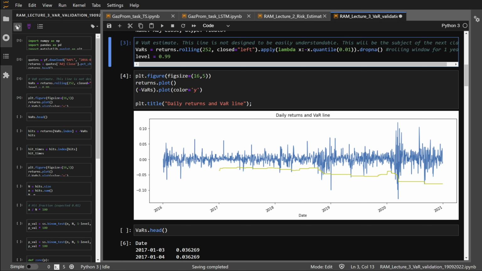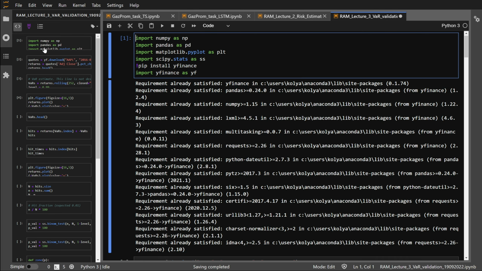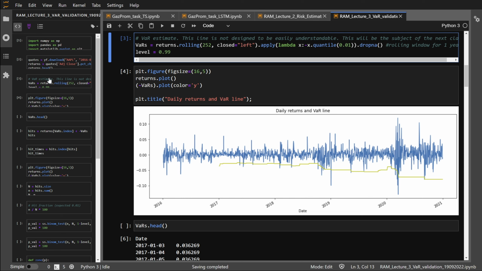And then I actually realized that I never observed that kind of losses. Actually, I observed profit. Another day, probably I observed some losses, but they are not as great as the VAR estimate.